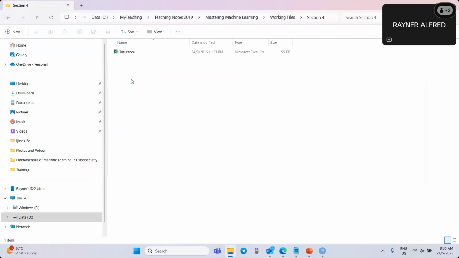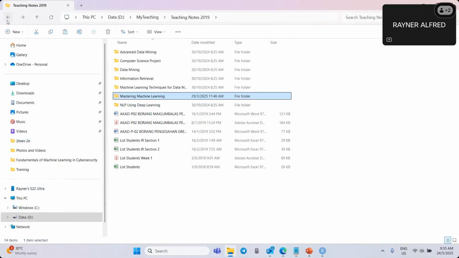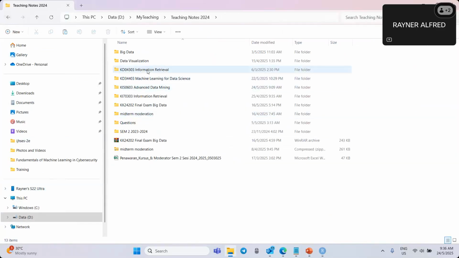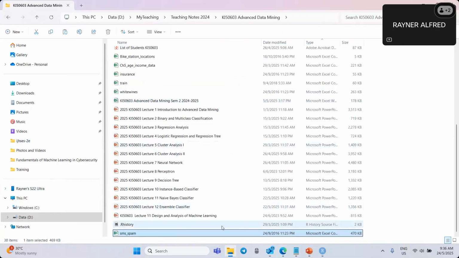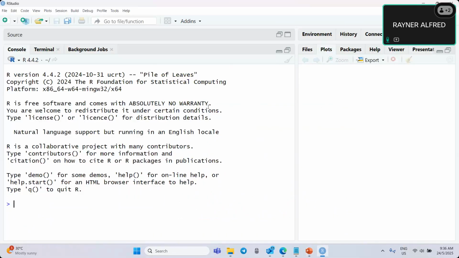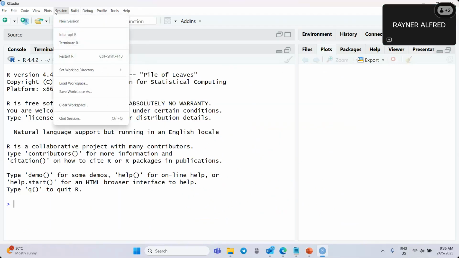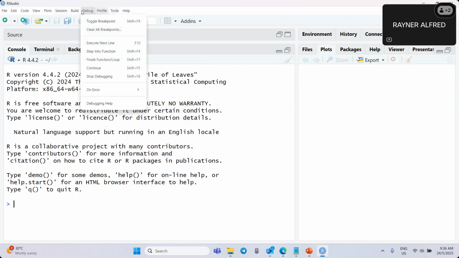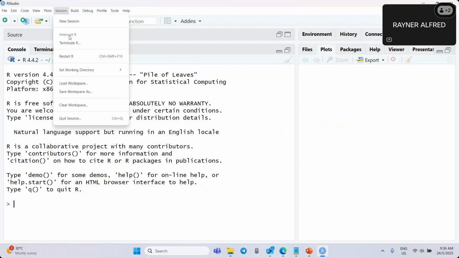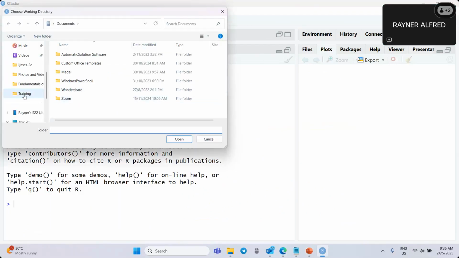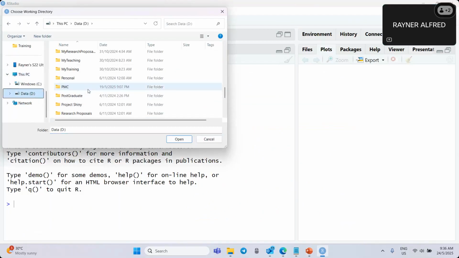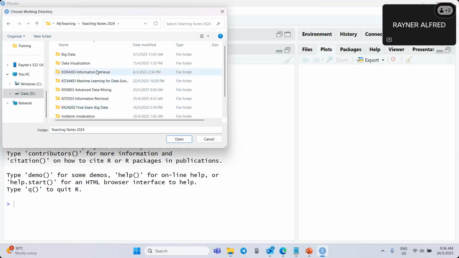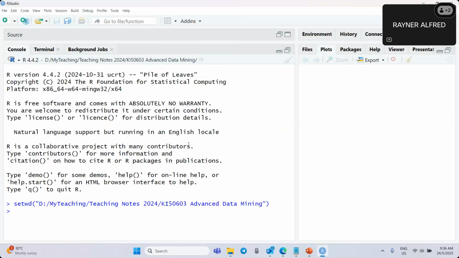We are looking at the SMS file. Okay, we are all set.